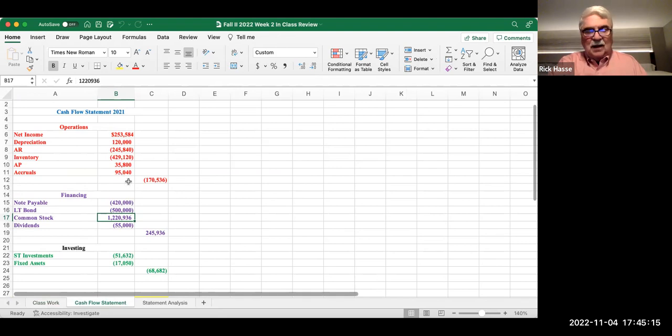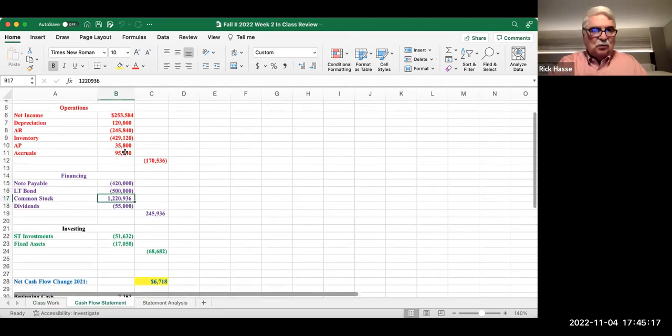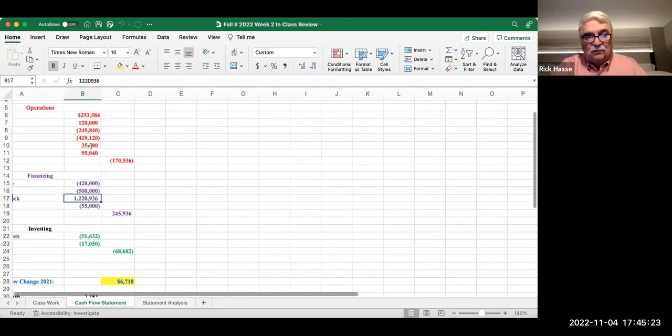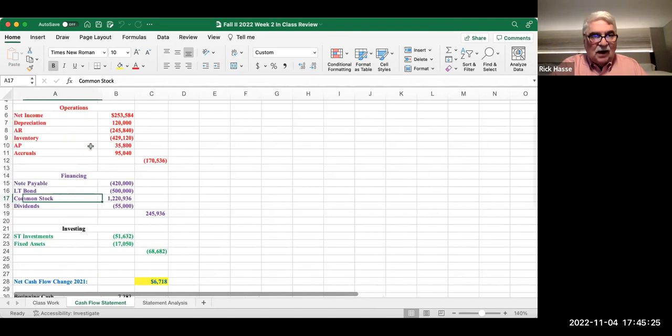Cash flow from operations: net income, depreciation, the borrowing of short-term money coming in. Cash flow going out in the form of inventory balances high and accounts receivable, cash going out in the form of paying off debt and dividends, cash coming in the form of common stock being issued.